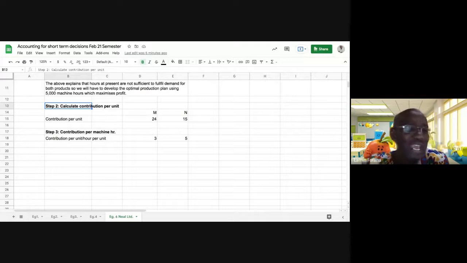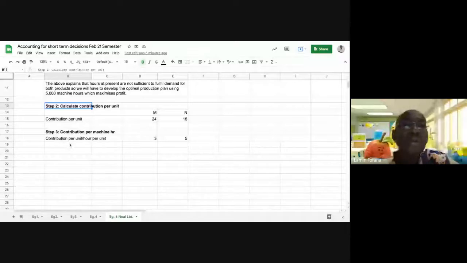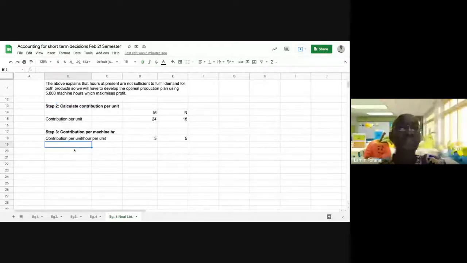Okay, so the next step will be step 4 here. Step 3, of course, is the calculation of the contribution per machine hour and then the ranking. We need to do the ranking.